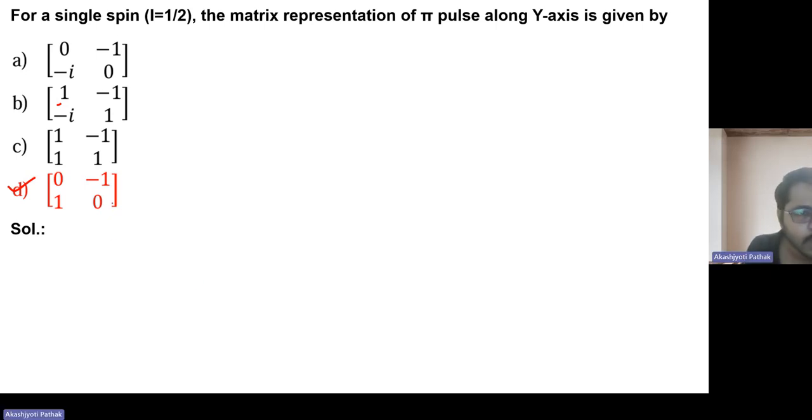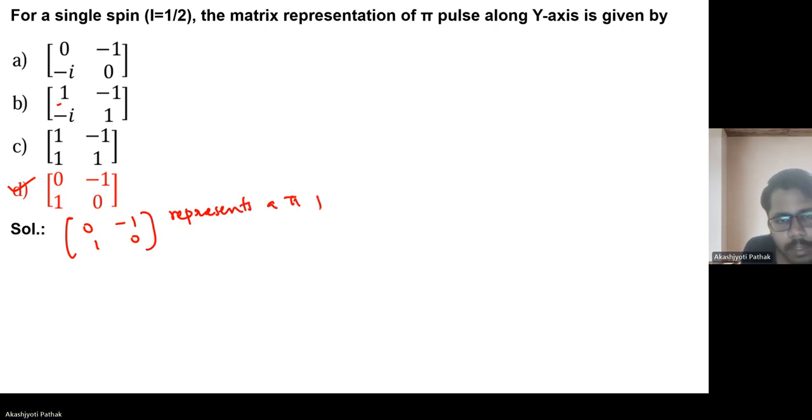So what does this actually represent? This D, this matrix notation 0, minus 1, 1, 0, if you have attended the classes, it represents what? It represents a pi pulse along y-axis, right?